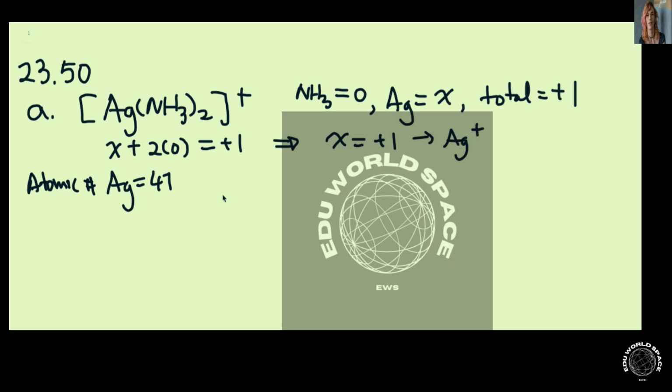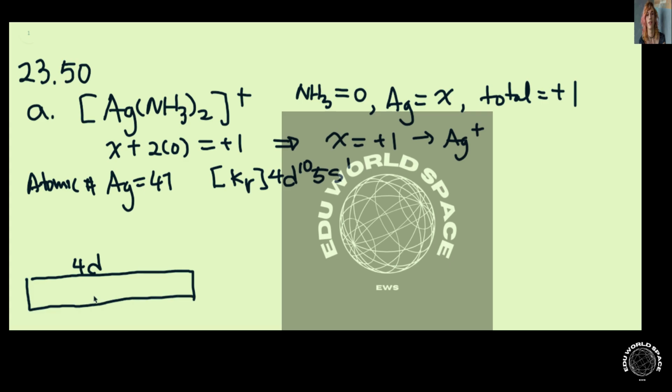So the electronic configuration for silver is [Kr] 4d10 5s1. If we want to draw the outermost electronic arrangement, it will look like this. We have the 4d orbital, five boxes, the 5s orbital, and the 5p orbital.